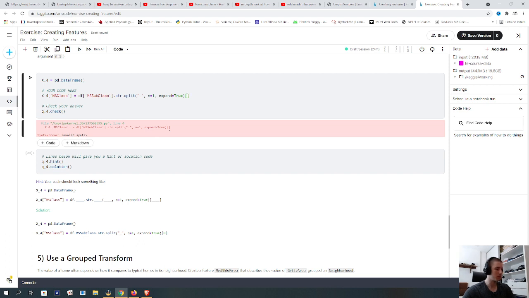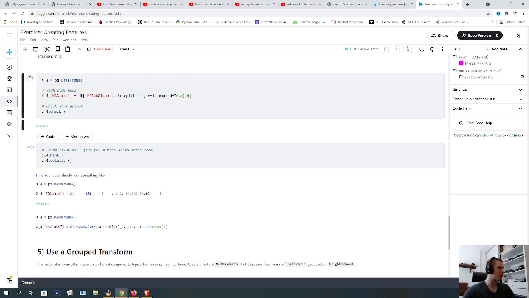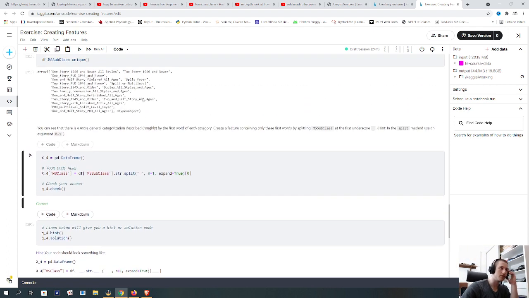Zero. I don't understand why, to be honest. I get that this is splitting, and then it's going to become a list of these words here.